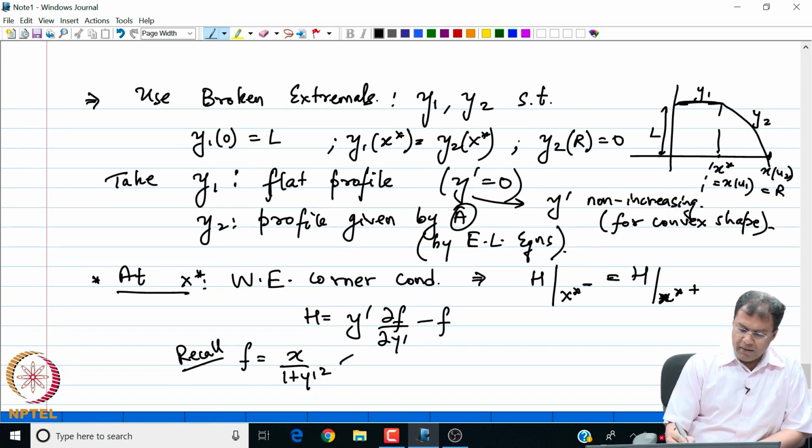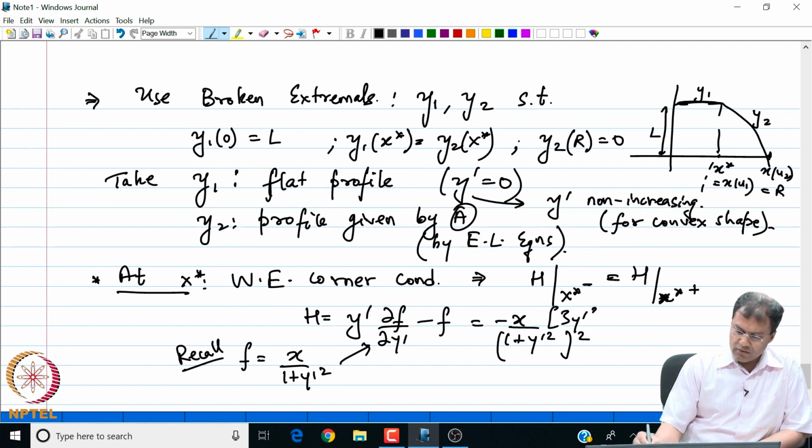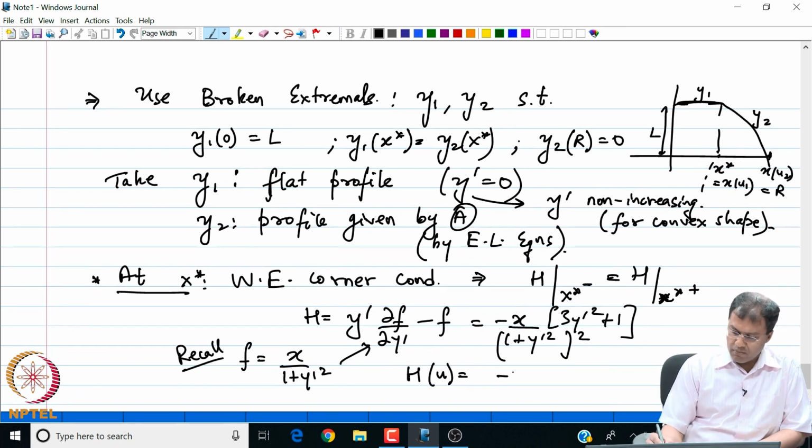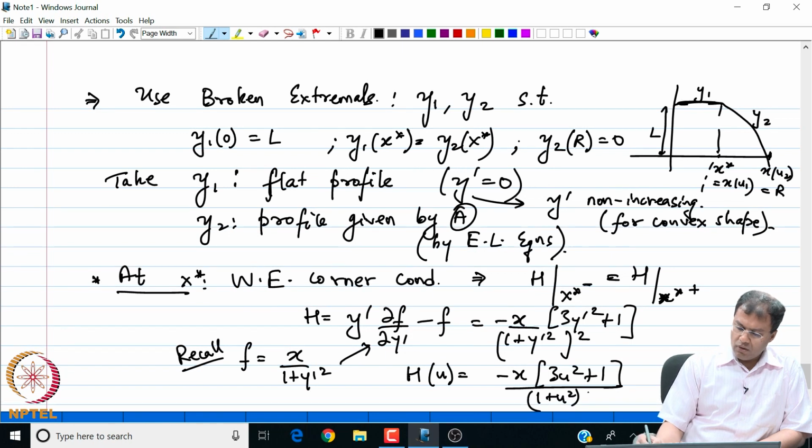When we plug this in, we get my h function to be negative x by 1 plus y prime square whole square times 3 y prime square plus 1. In terms of u, this is equal to minus x times 3 u square plus 1 divided by 1 plus u square whole square. Now, h of u at x star minus.